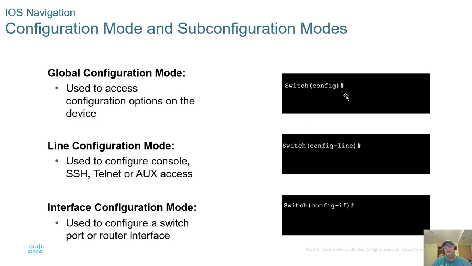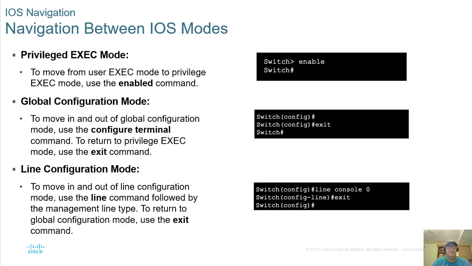The options that I can type in through the command line are now different and are going to be dealing with configuring the device, adding an IP address, turning on an interface, adding a description. Who knows? All kinds of crazy things. Global config mode, that's where you'll be. There are some sub config modes as well. Line config, interface config. We'll get into those on a later date.